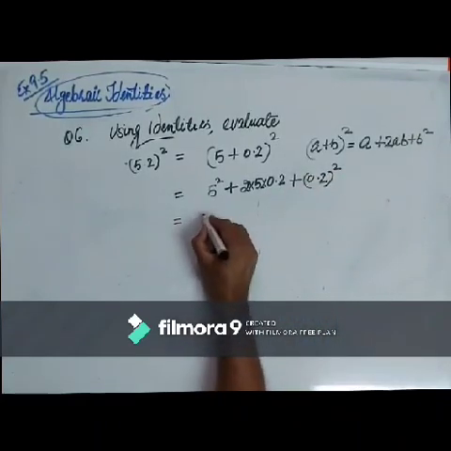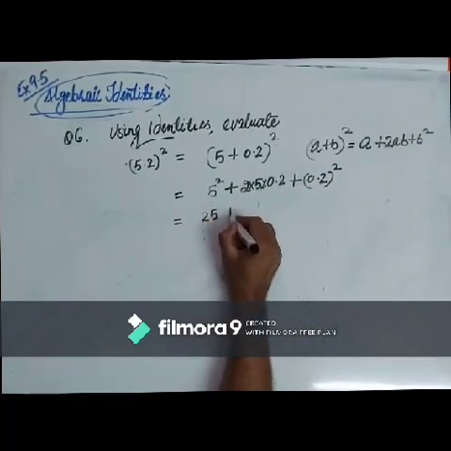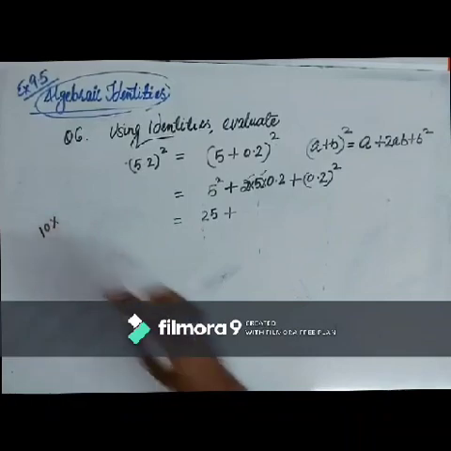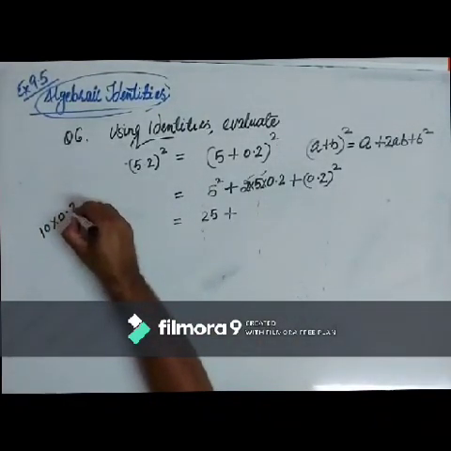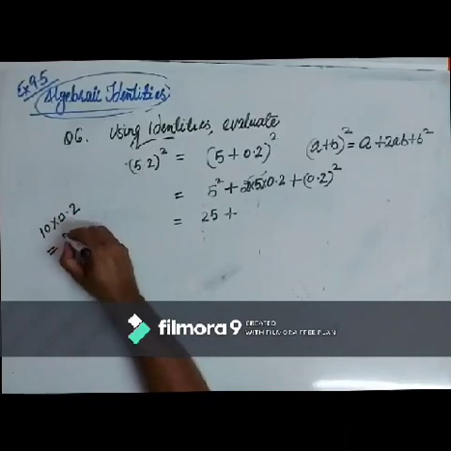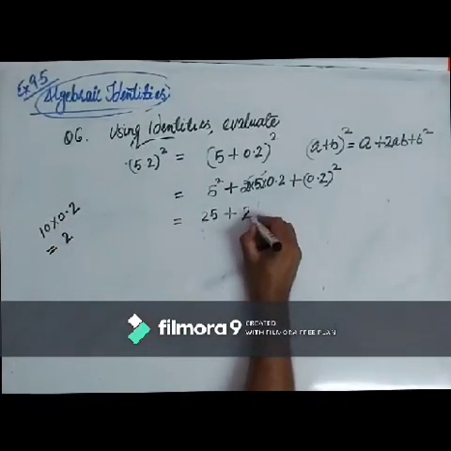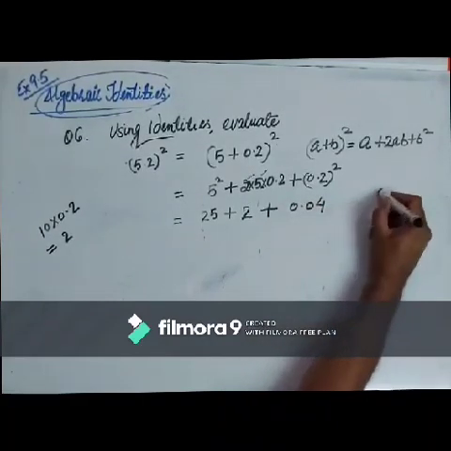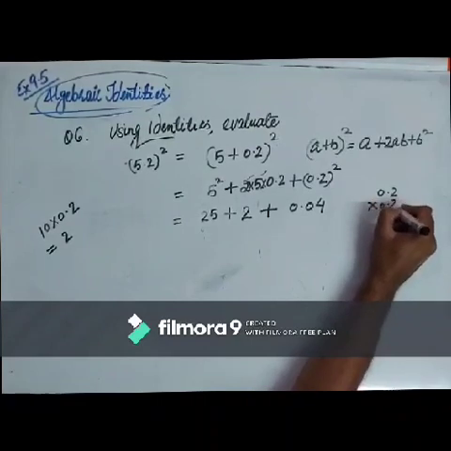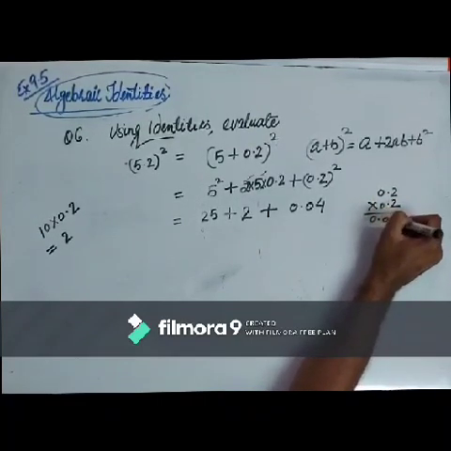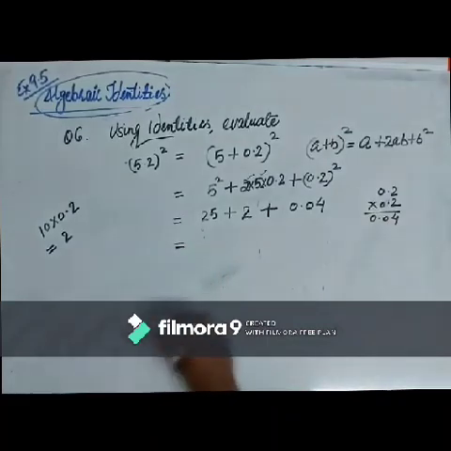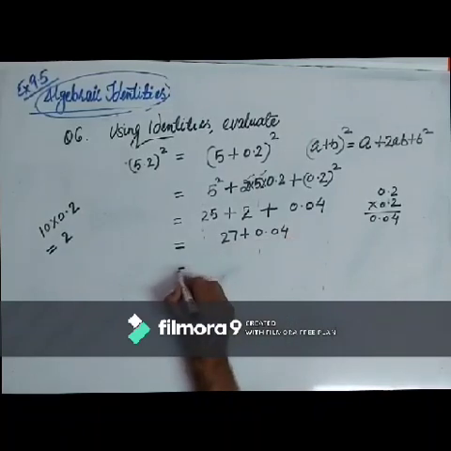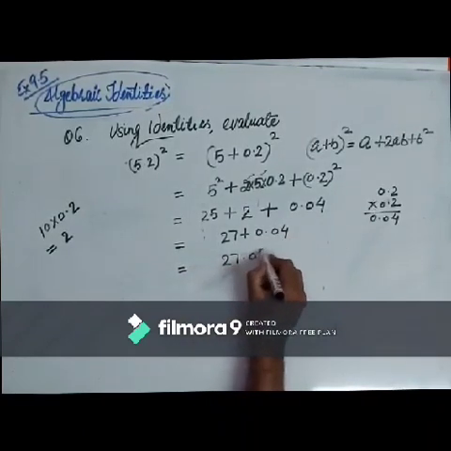This will give you 25 plus 5 into 2, 10, multiplied by 0.2, so this will be 2, right? So 2 plus 0.04. If you are capable of doing 0.2 multiply 0.2, you will be getting 0.04. So your answer is 27 plus 0.04. Final answer is 27.04. Easy one.